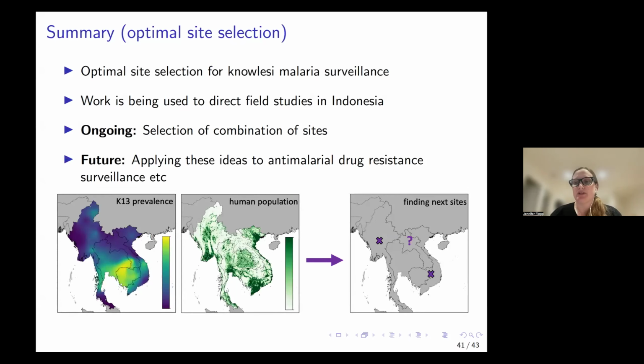You might want them to be close together, you might want them to be covering as much area as possible. I'm also thinking about how you apply these types of methods to drug resistance, in a separate piece of work which I'm not going to talk about here: how do you pick the best sites to characterize how far and how fast drug resistance is spreading over time?